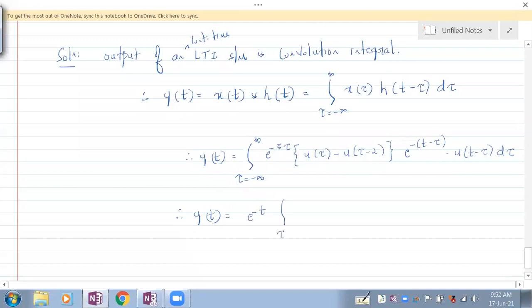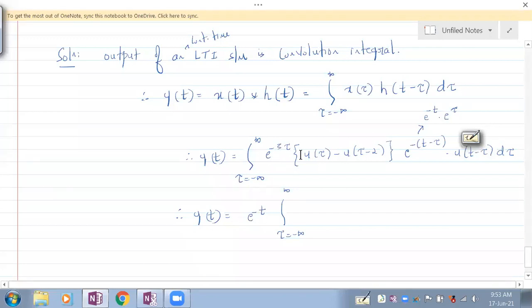Then the integration, tau ranging from minus infinity to infinity, and we'll be left with e power minus 3 tau and e power tau. This can be written as e power minus t into e power tau, because minus into minus. So this e power minus t has got nothing to do within the integral, so we have kept it outside. Then this e power tau is there and this e power minus 3 tau is there.